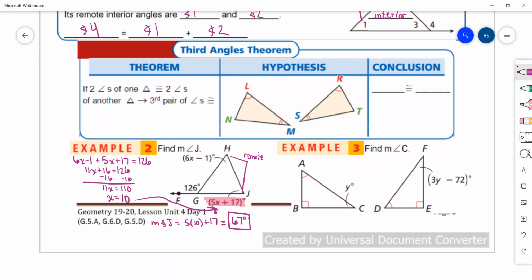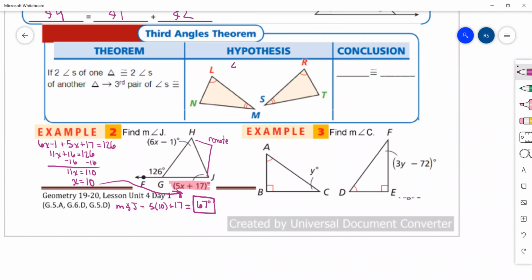So here they tell us that L is congruent to R. So angle L is congruent to angle R. And angle M is congruent to angle S. That means that we can conclude angle N must be congruent to angle T. If L is congruent to R and M is congruent to S, then N has to be congruent to T.